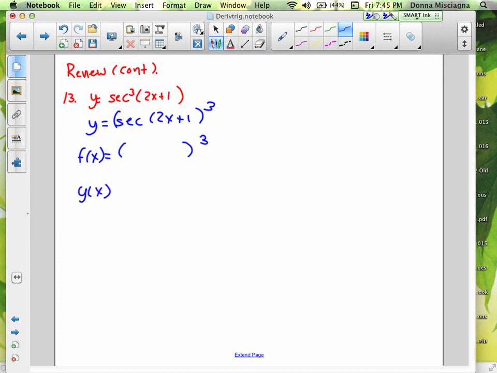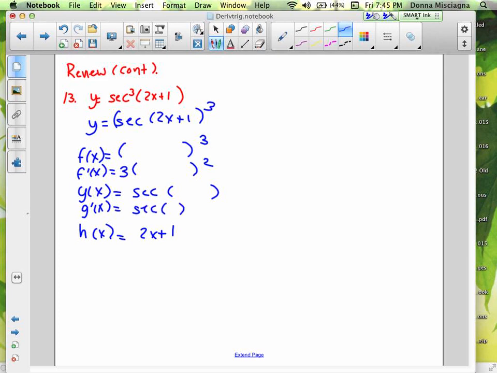Moving inside, you have secant blop, and one more, the blop, the 2x plus 1. So the derivative of blop cubed is 3 blop squared. Derivative of secant blop is secant blop tangent blop.